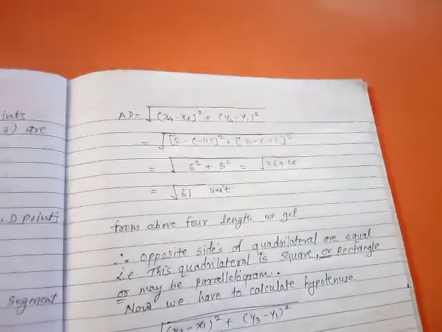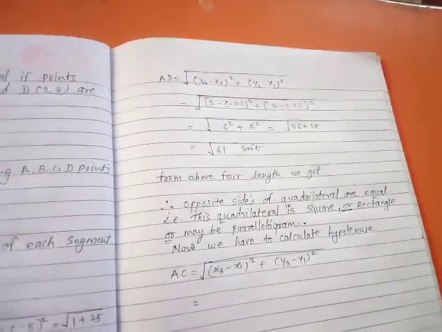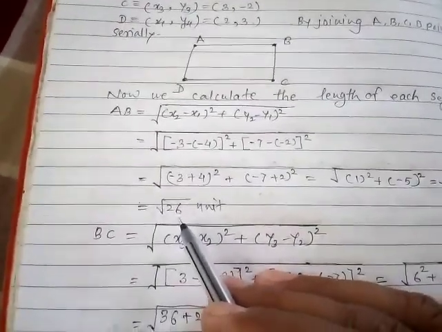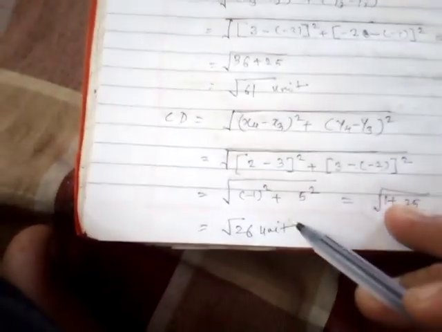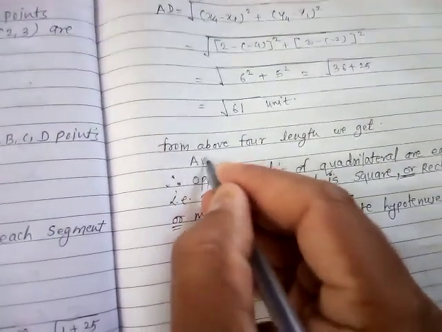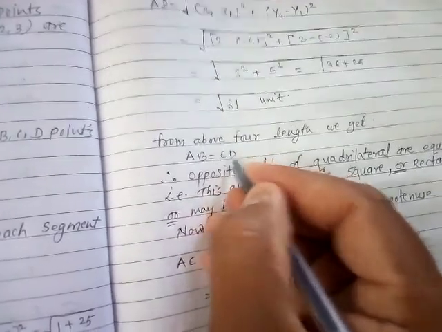Here we consider all these four lengths. First length AB is root 26, and third length CD is equal to root 26. Therefore AB is equal to CD, the first conclusion.